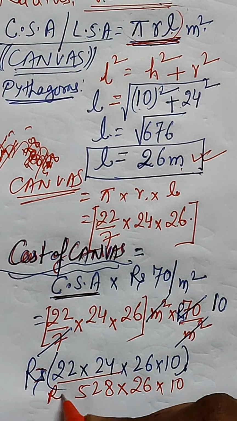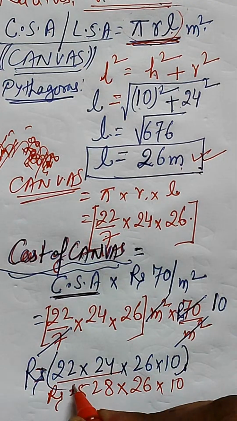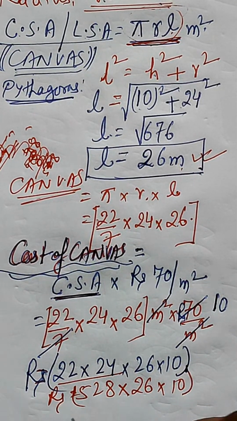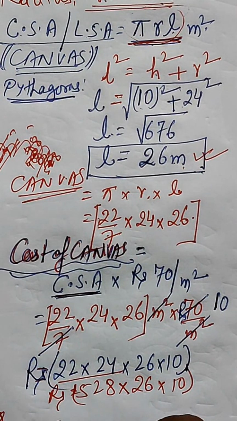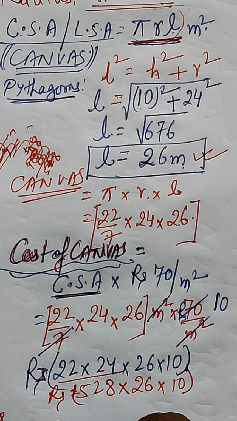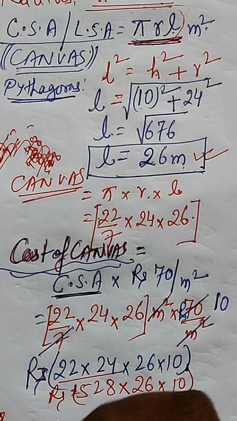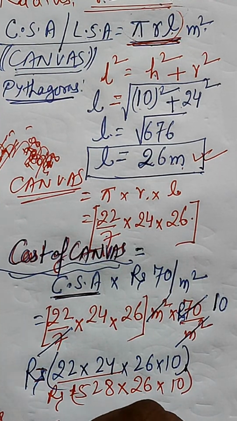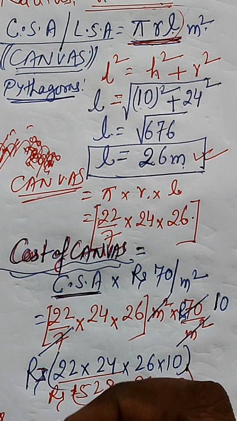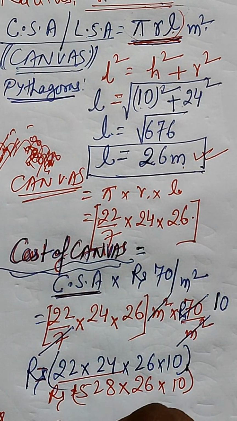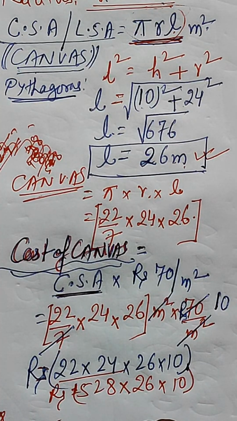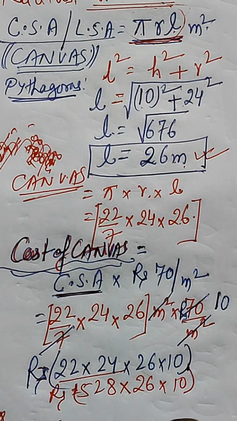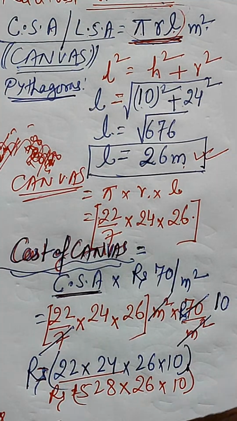So this much of rupees is required. So just solve it completely. So 528 into 26 will be: 6 eights are 48, 8 carry 4, 6 twos are 12, plus 4 is 16, carry 1, so 16, and so on. So this will give you 13728.